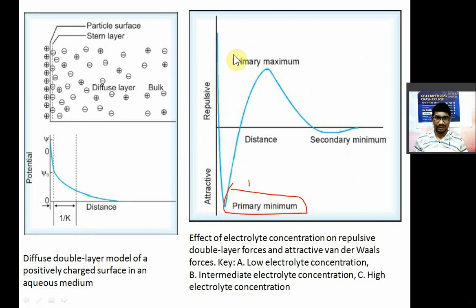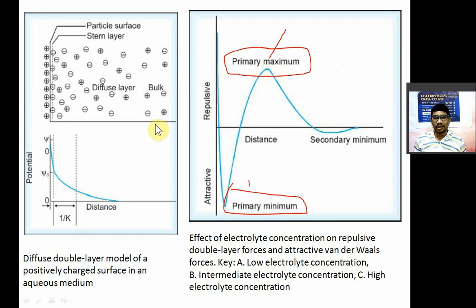At an intermediate concentration of electrolyte, in case of lyophobic colloid, this will cause the primary maximum. There are repulsive forces between two particles. When will particle aggregation happen? When there are attractive forces between the two particles, and that occurs at the primary minimum.